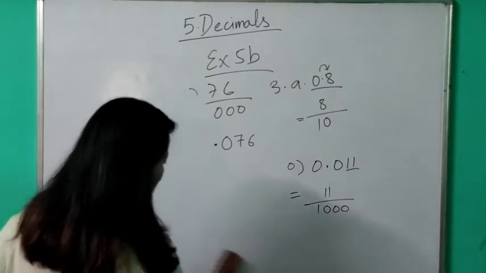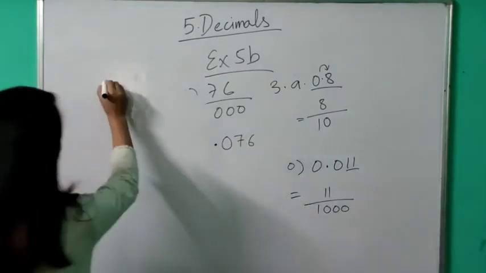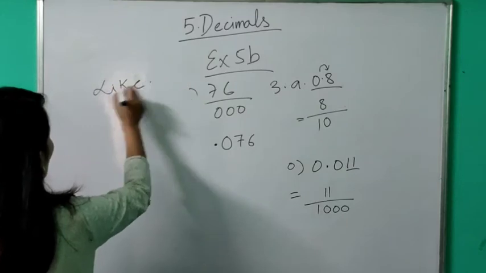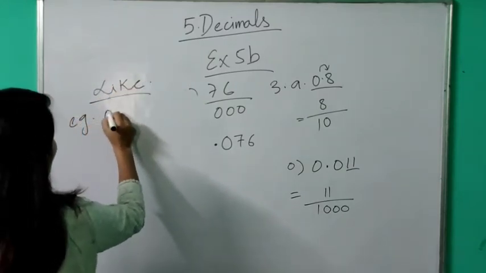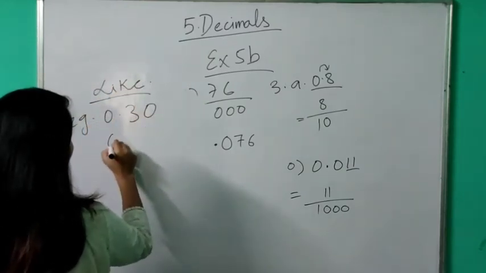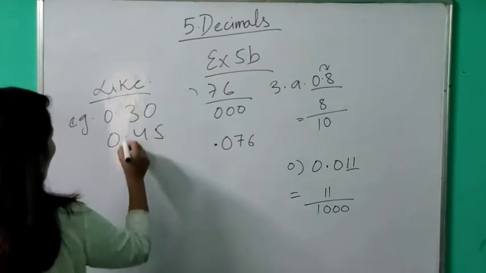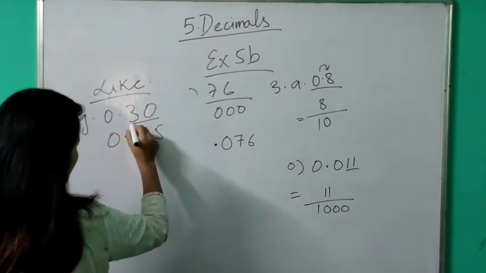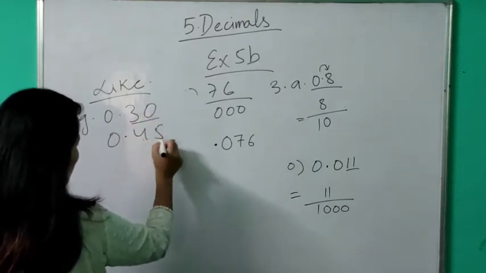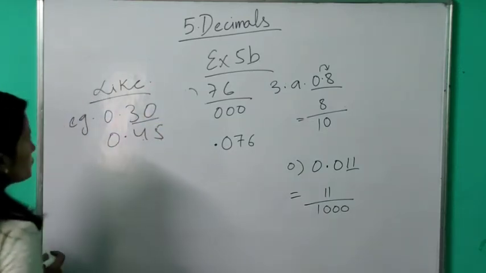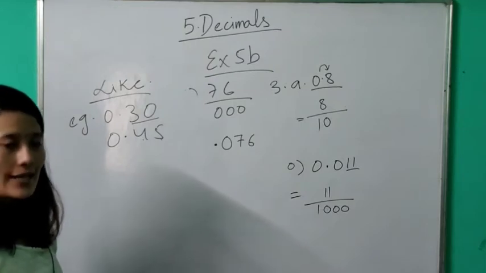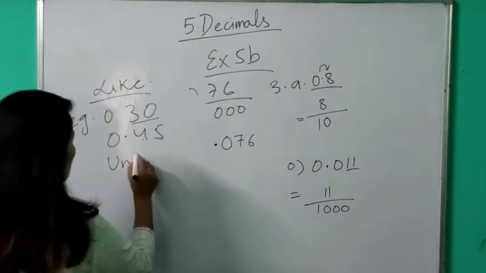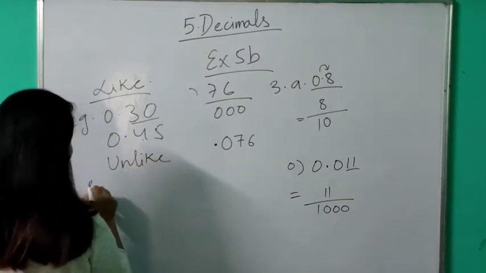When we talk about like decimals, after the decimal point, if the number of digits is the same, that means you have 2 digits here, and here also you have 2 digits, this kind of decimal is referred to as like decimals, and unlike is just the opposite of that.